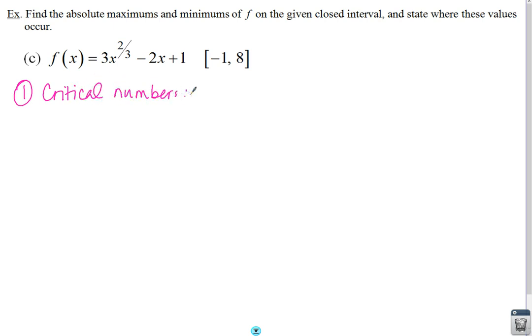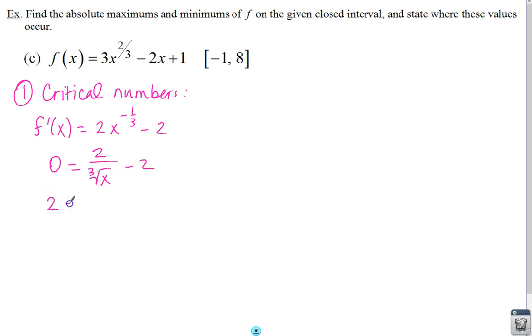And to do that, I'm going to set f prime of x equal to 0. So f prime of x is going to be 2x to the negative 1/3 minus 2. Set that equal to 0. So 0 equals, I'm going to clean this up a little bit here, 2 over cube root of x minus 2.